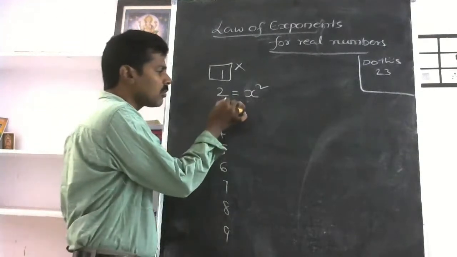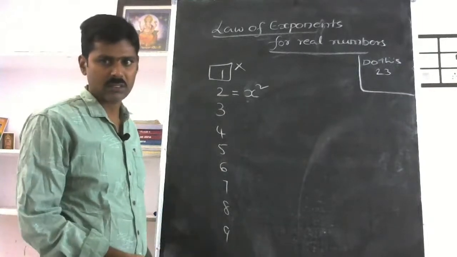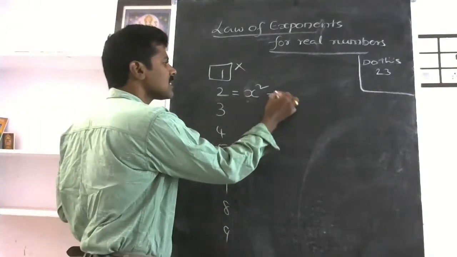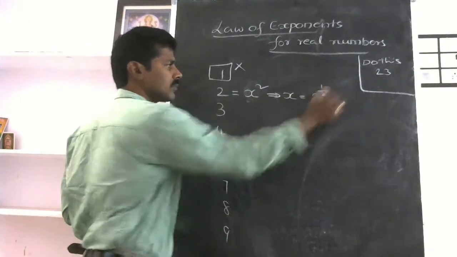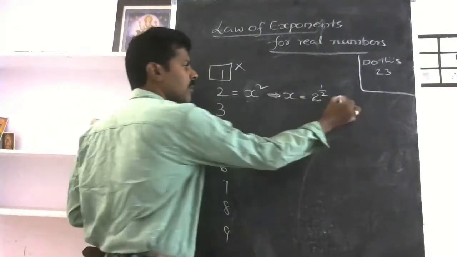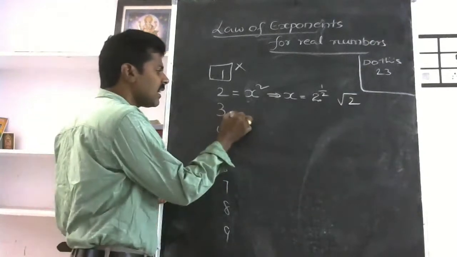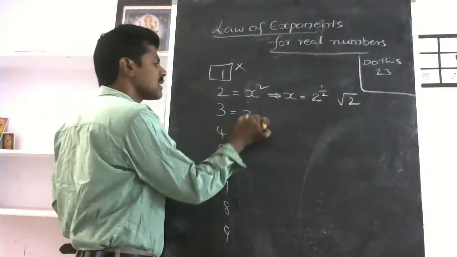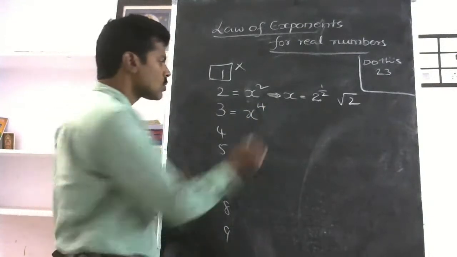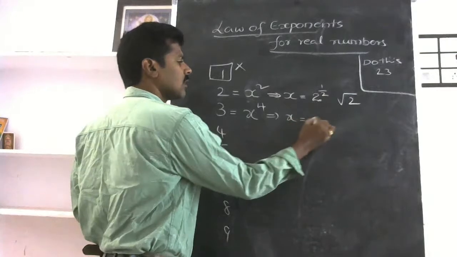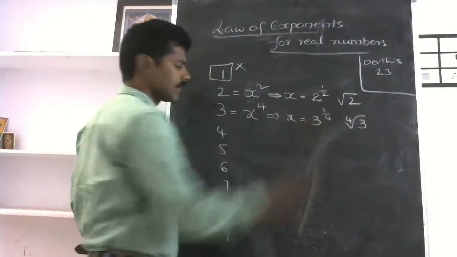I cannot write 2 as the square of another number. So then x becomes 2 power 1 by 2, which is in the form of square root 2. And if I want to write 3 as fourth power of any other rational number, I cannot. So x becomes 3 power 1 by 4, that is 4th root 3.